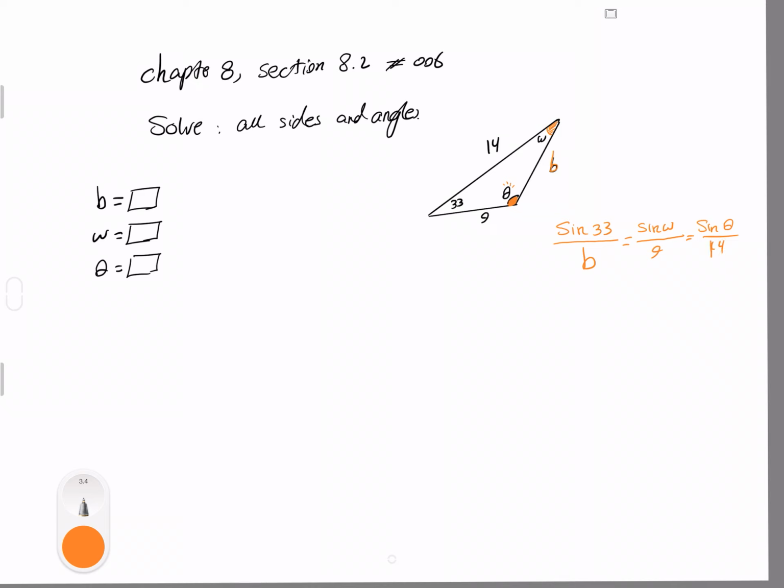So this is law of sine. Any two equations we pick, you will see there are two unknowns. Here b is unknown and omega is unknown. Or if you pick these two, we have two unknowns, omega and theta. So law of sine is not a good idea.